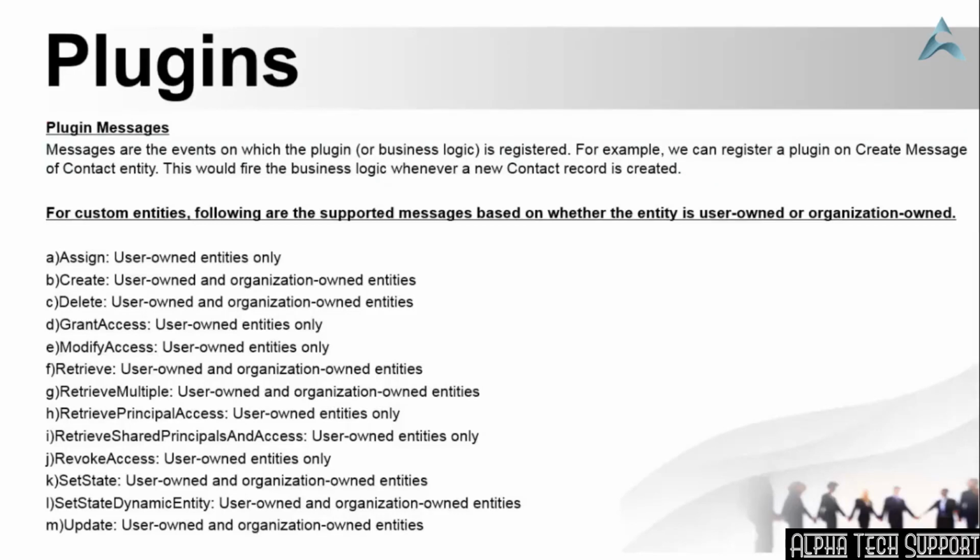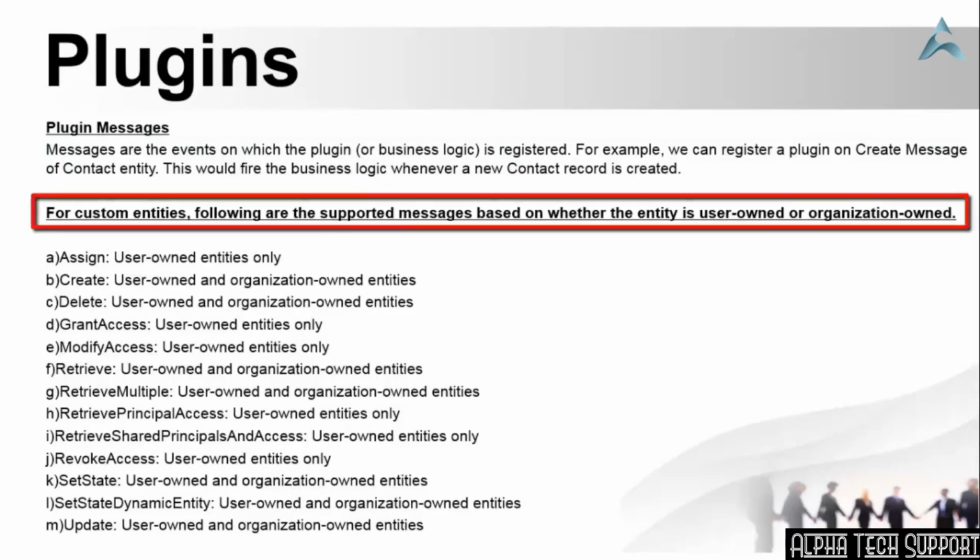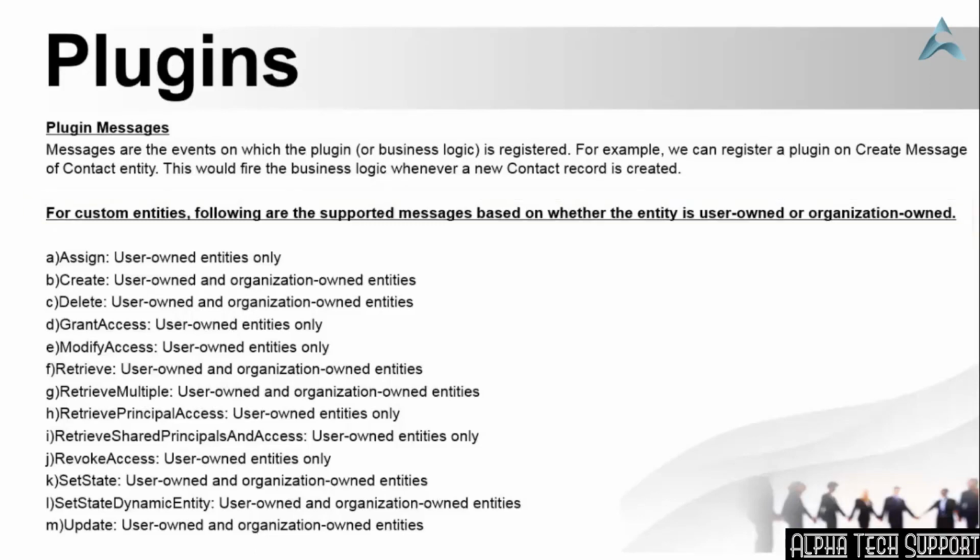Now let's see, for custom entities, which messages are supported based on whether the entity is user owned or organization owned. So what are the events available for user owned as well as for organization owned entities?